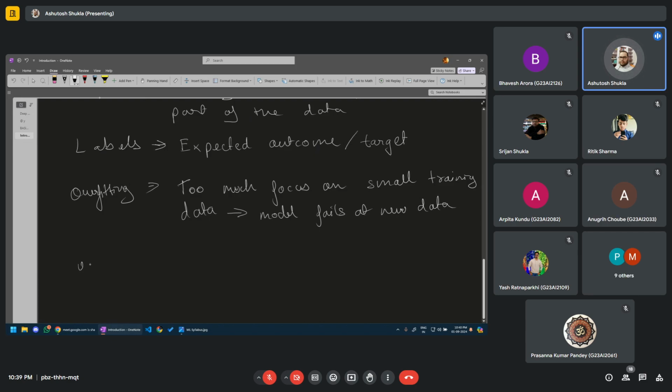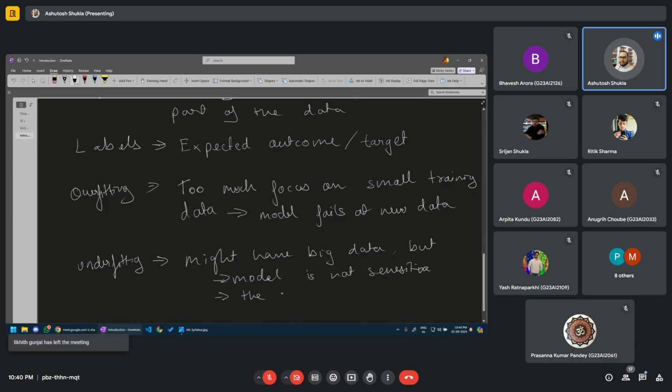Now the underfitting is like the other way around. Underfitting. So what happens here is you might have big data, but either the model is not sensitive to that data, or the data is just insufficient.